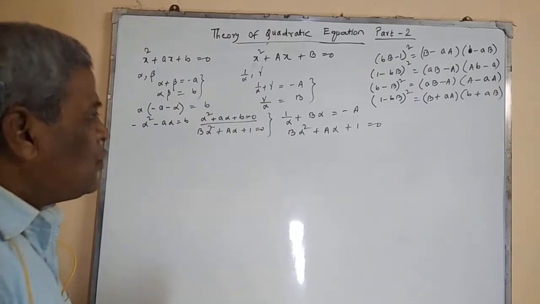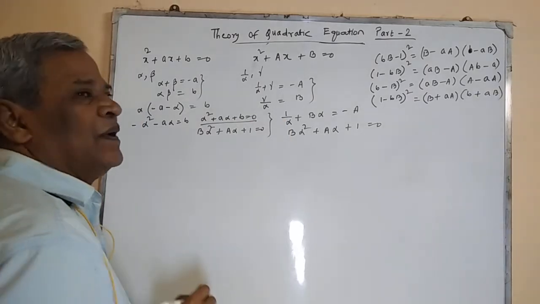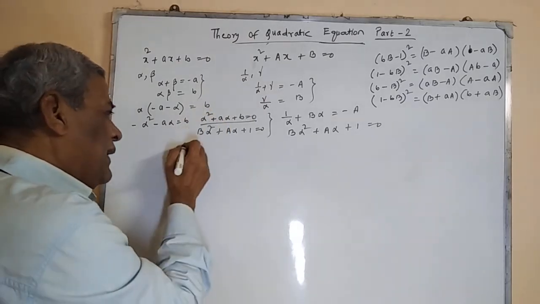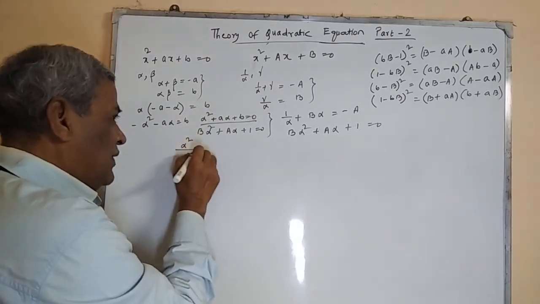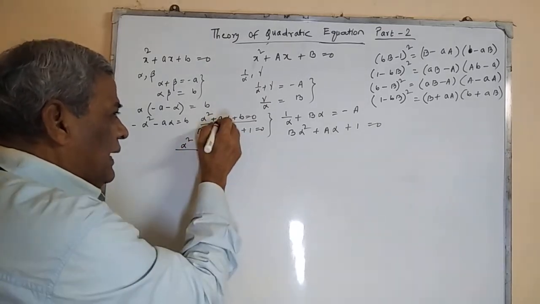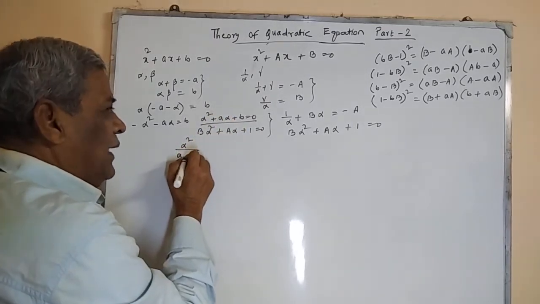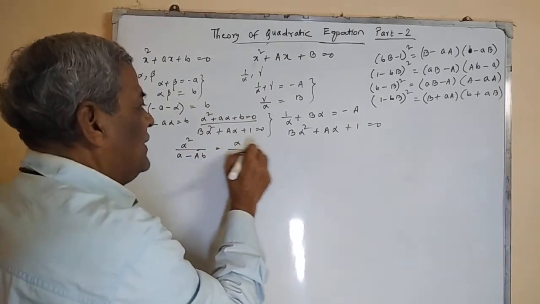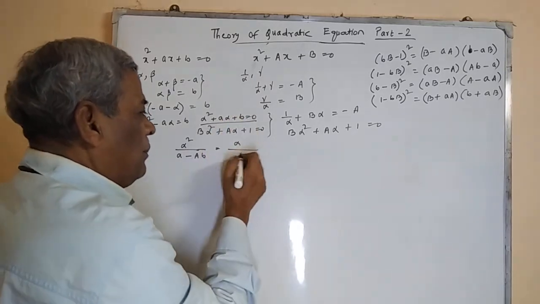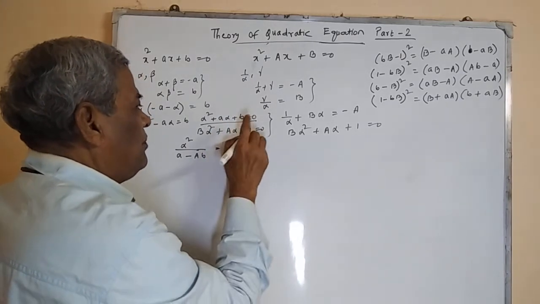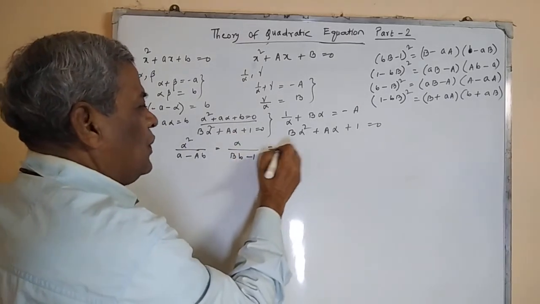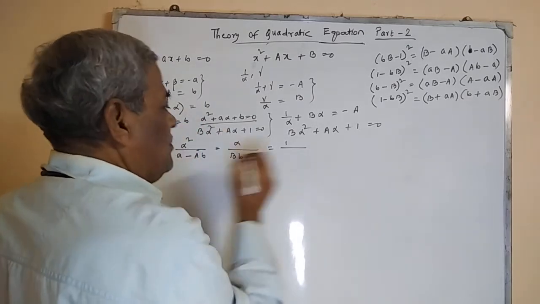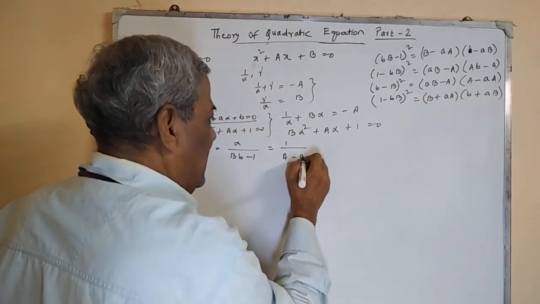These two are actually quadratic in alpha, both. So from these two, we find alpha square by cross multiplication: alpha square by (small a into 1 minus AB) is equal to alpha by (small b minus 1) is equal to 1 by (capital A minus AB).